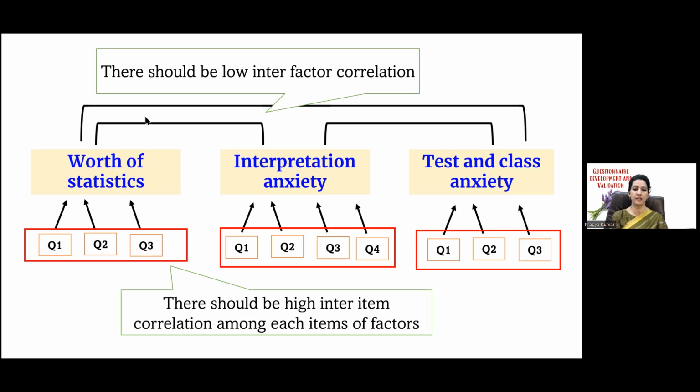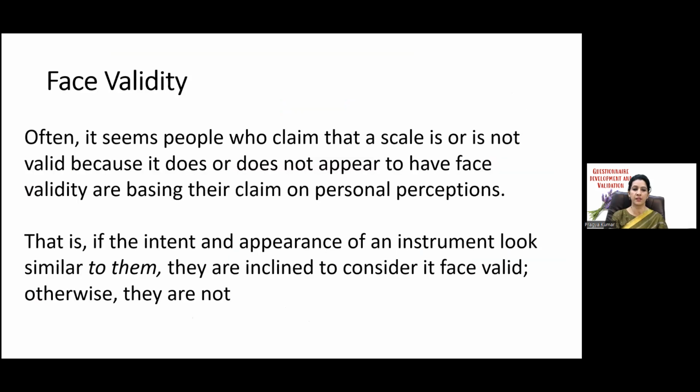If you consider this as an individual factor, this as an individual factor, and this as an individual factor, there should be less correlation between worth of statistics and interpretation anxiety, between interpretation anxiety and test and class anxiety, and between worth of statistics and test and class anxiety. This is known as the discriminant validity. This we will see tomorrow, how to calculate this in the factor analysis. And this is the convergent validity.